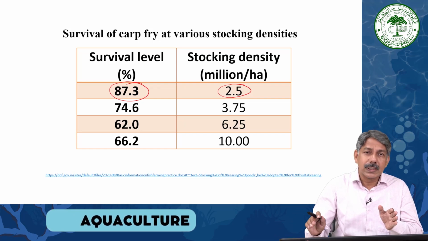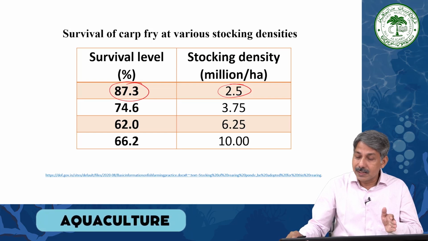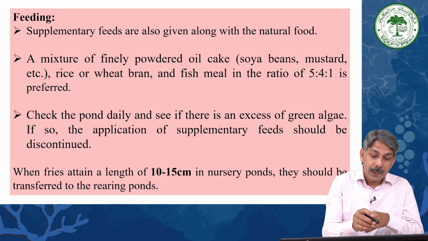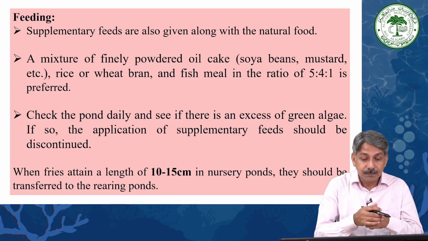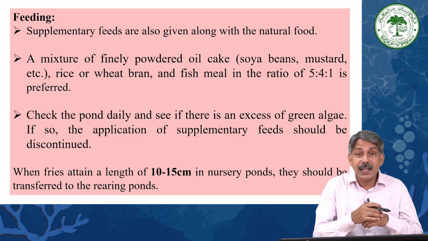We should proceed according to these guidelines, that not too much should be stocked into your nursery pond. Then supplementary feeding is provided, but natural food is also very important. So that is why in the previous slides I showed you the preparation of the nursery pond.